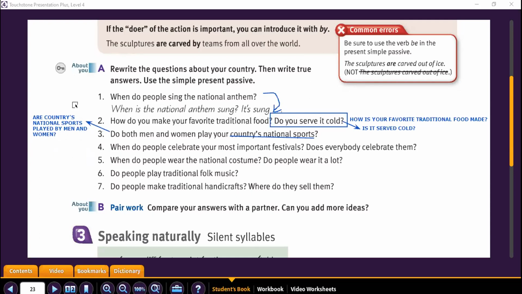Vamos a ver ahora la siguiente. Número 4. Number 4. We have 2 questions in number 4. Vamos a la primera de la número 4. When do people celebrate your most important festivals? Vamos a mantener la misma question word. ¿Cómo nos quedaría?